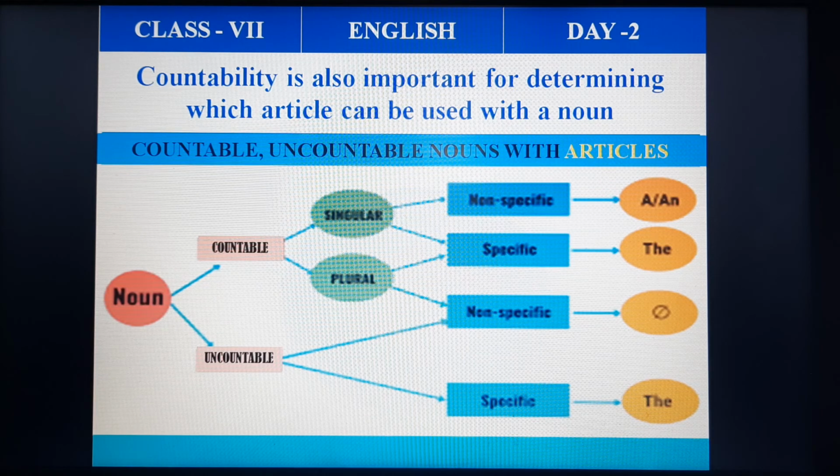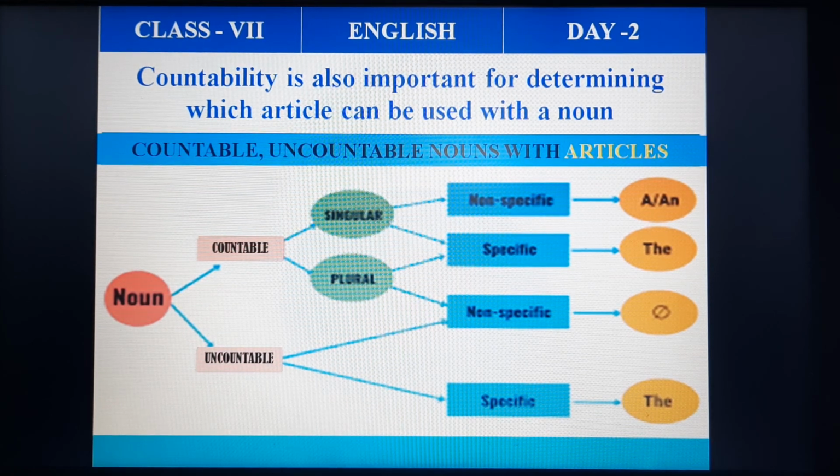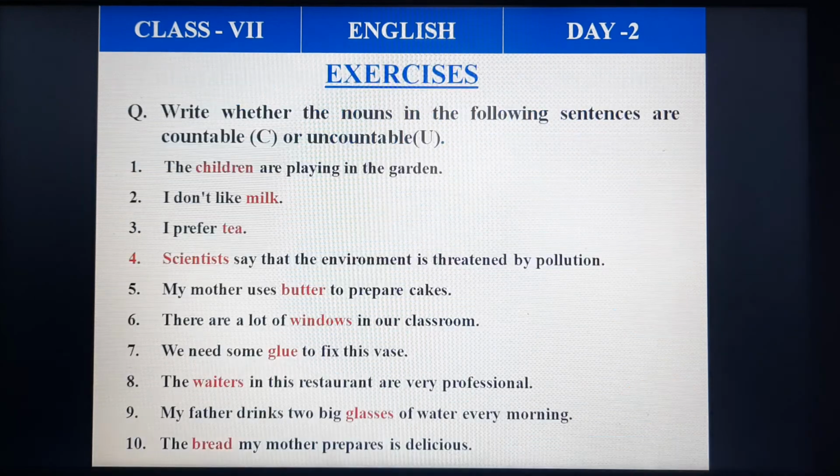So from here, you will be able to know how to form your sentence properly. You'll be able to know which quantifier you will use with countable and uncountable nouns, and which article you can use with them. Children, here I have some exercises for you.